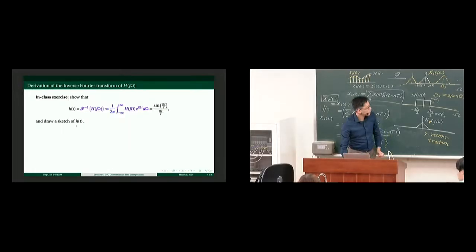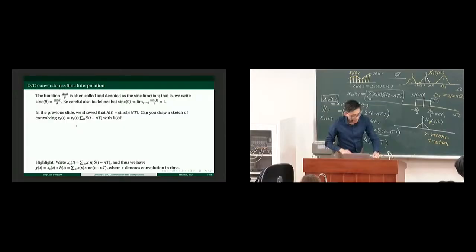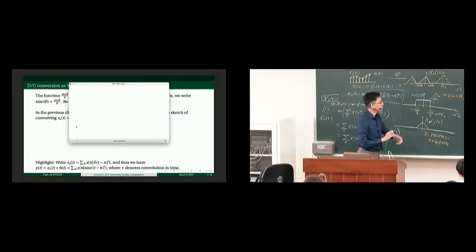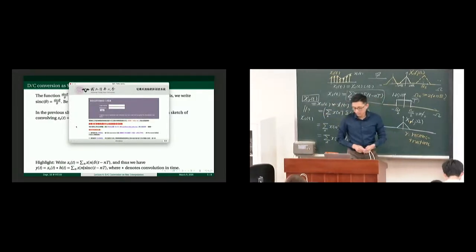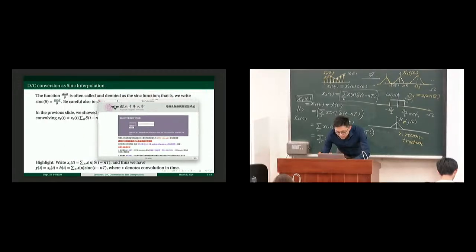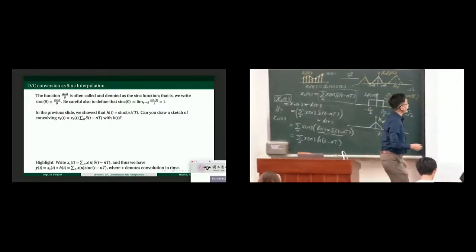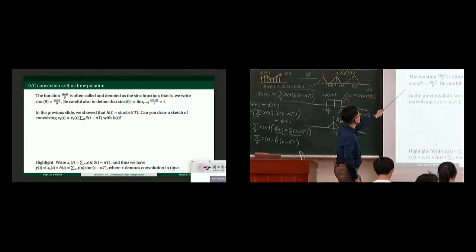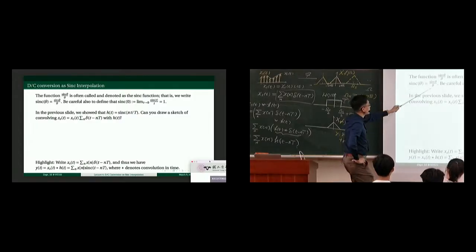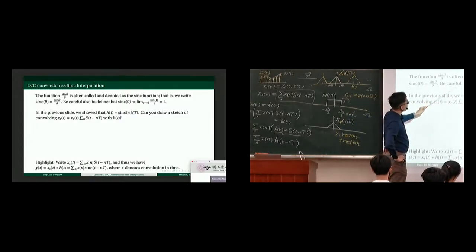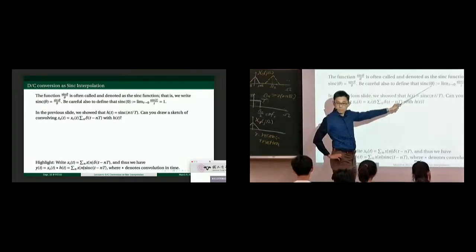All right, so to conclude, what do we have? Moving things around. Essentially, I hope I have covered everything. The sinc function, DC conversion really is a kind of interpolation by the sinc function. And be careful, we need to define sinc 0.